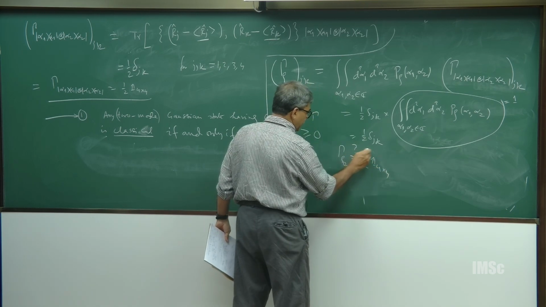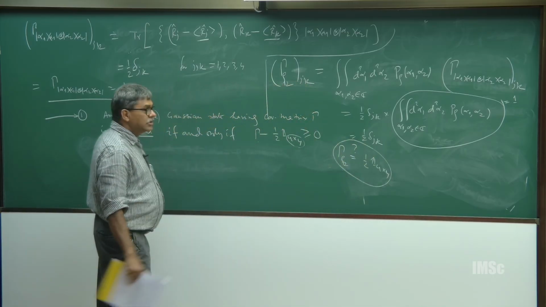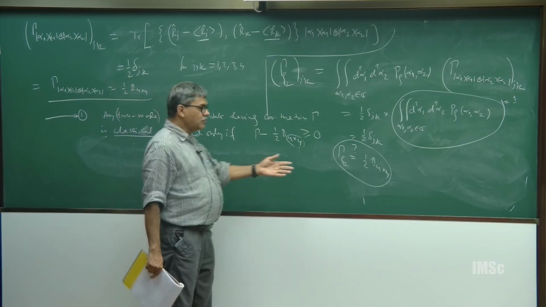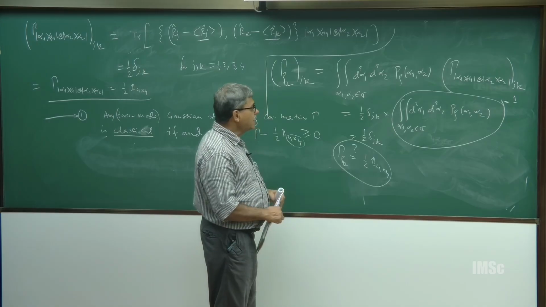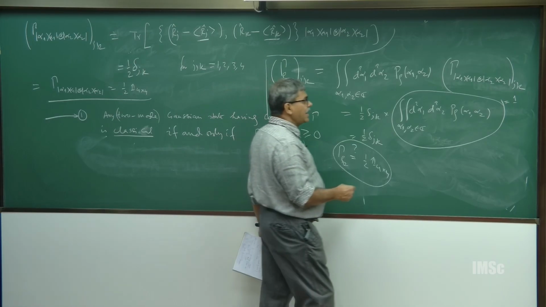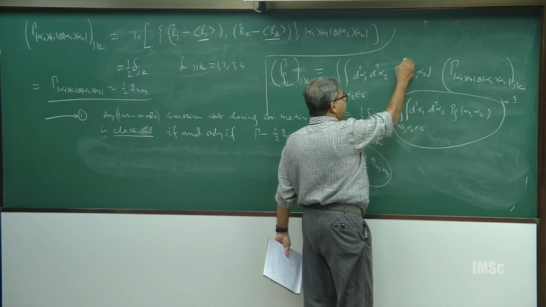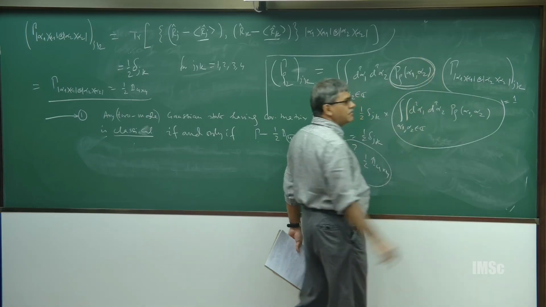Now, as I said, there is a caveat here. This is too much to ask, because this cannot be the case. So there is something wrong. What is wrong is that most of the time this function is not a well behaved function.